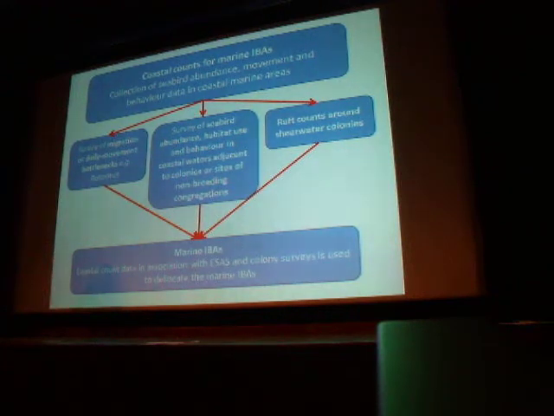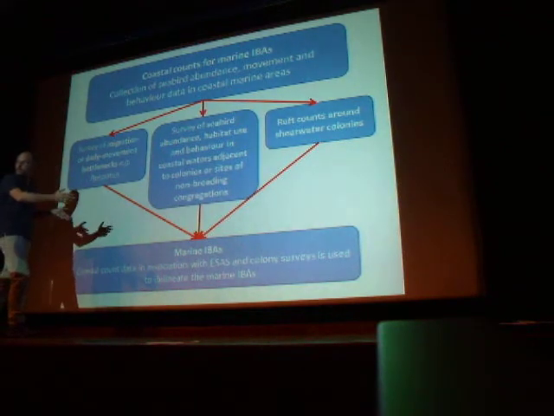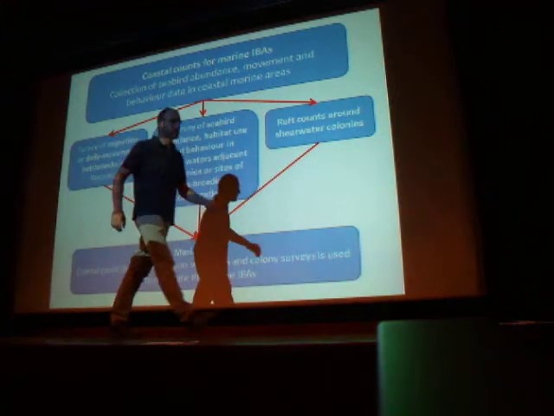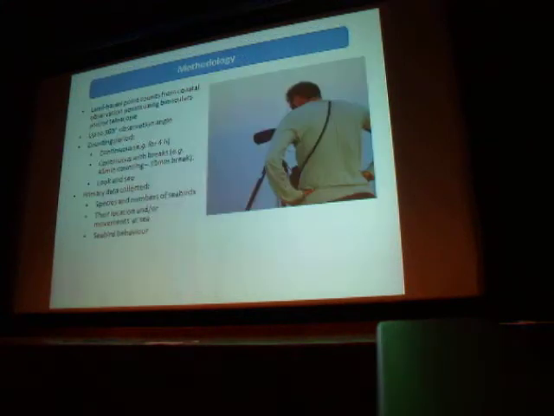But in general, also from what we have seen in Greece, but also from other countries, these rafts are formed in a radius of about 5 kilometers around the colonies. So, okay, and then putting all this information together, we can use it in association with other types of data, such as ESAS, to determine the important bird areas and to delineate them.